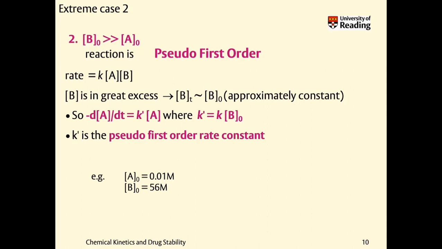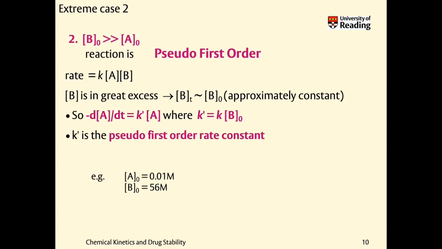But K prime equals the true rate constant times the initial concentration of B. Because B is in great excess, that concentration really doesn't change over time. It maybe changes by, what, 0.001% of its initial amount, but it looks like it doesn't change.